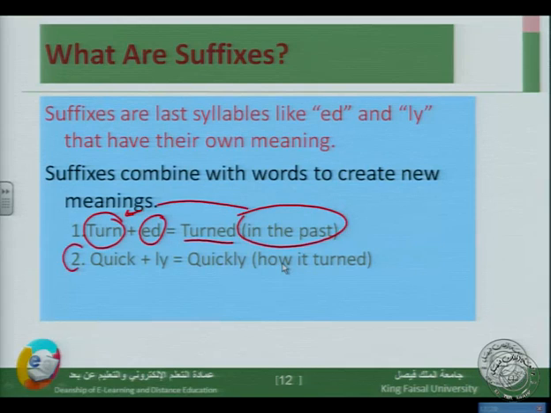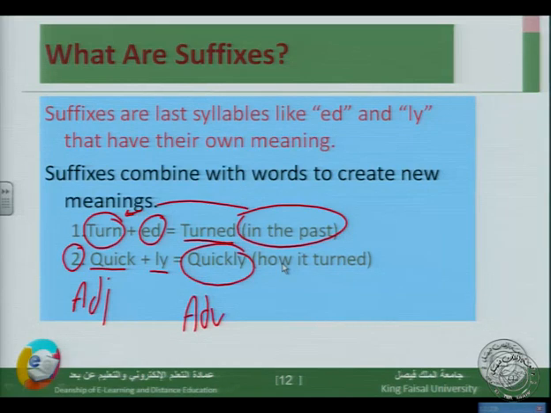If you look also at the second example here, quick is an adjective. When you add the suffix ly, you're changing quick from an adjective into an adverb.